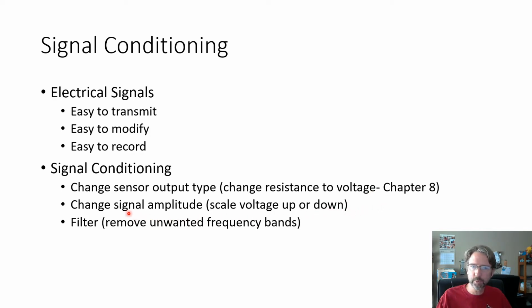Signal amplitude, scaling the voltage, is a really common form of signal conditioning, and we'll look at that now. And also filters, where we're looking at the response to a sinusoidal input and removing frequency bands that we don't want. So this is really useful for noise and other reasons.